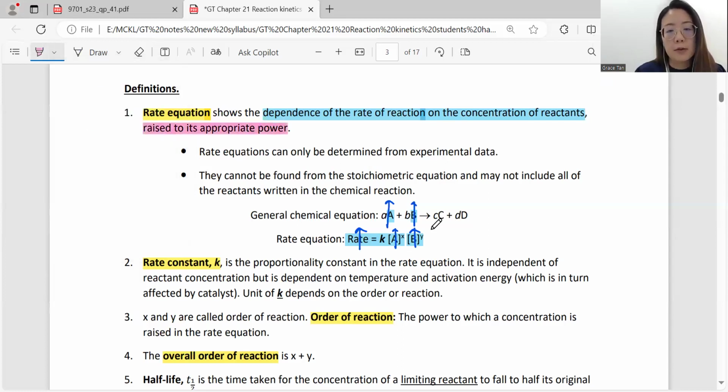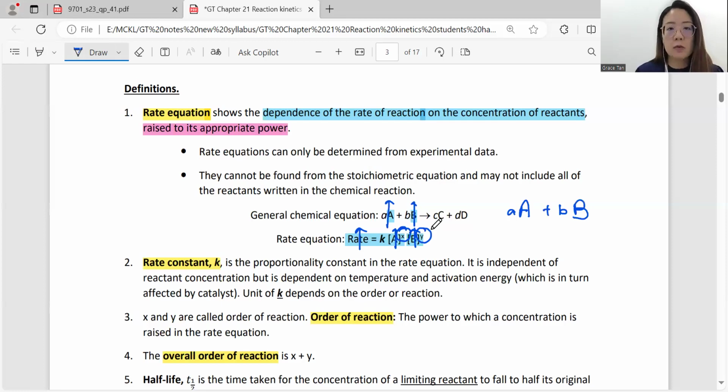Raised to its appropriate power. Now when you look at the rate equation, they are actually raised to the power of x and the power of y. We do not raise to the number of moles. As you can see in the general chemical equation, you have a moles of capital A reactant and b moles of capital B reactant.